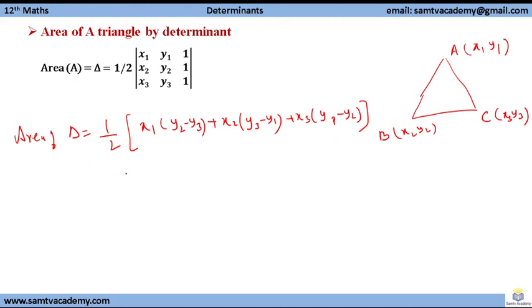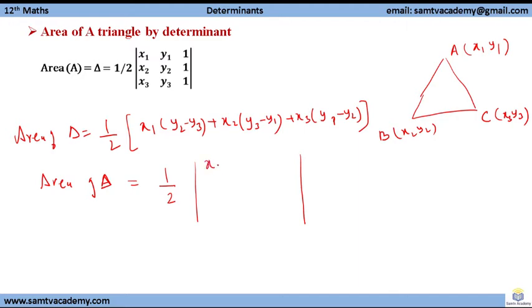Now the same thing we have to find using the determinant. So for that, the area of a triangle will be, we have to write these points in a determinant form. So what can we write?